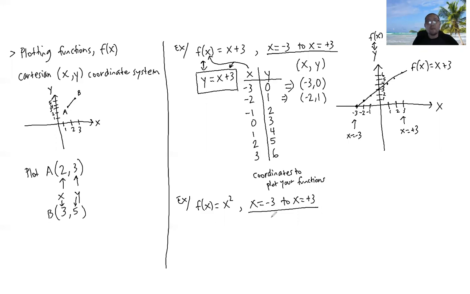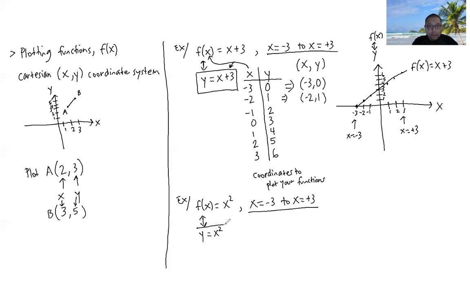Awesome. So if you were able to do this problem, let's check back and see if we're all on the same page. Just like we did up here, we were given the function x squared. To set up before we do our coordinate table, we can swap out the f of x for y and copy the rest, and remember that these two are equivalent, because y is a function of x.